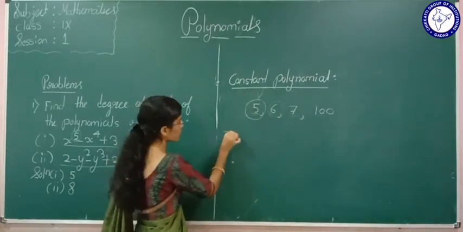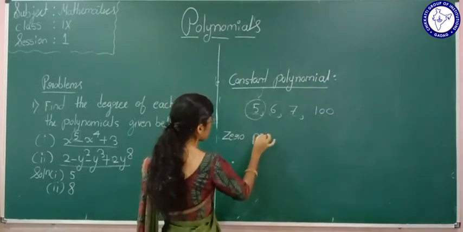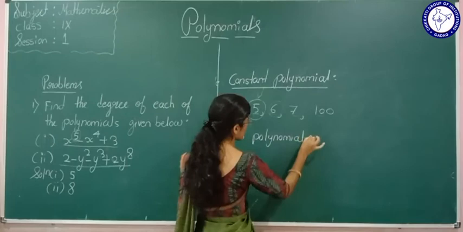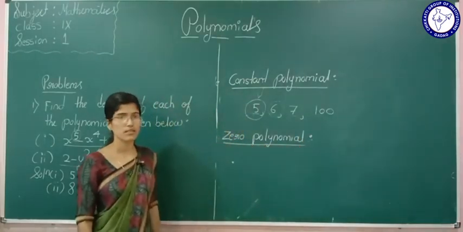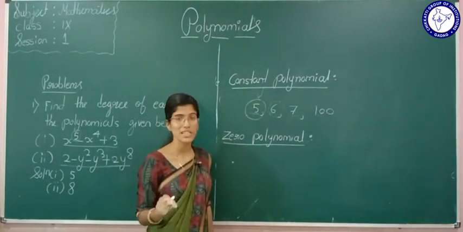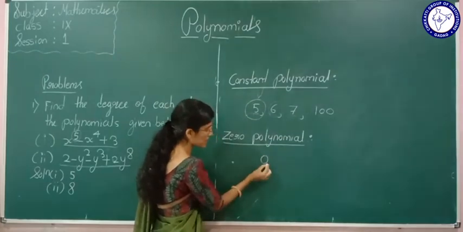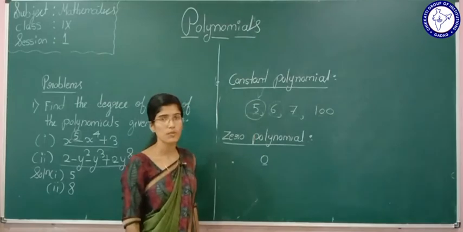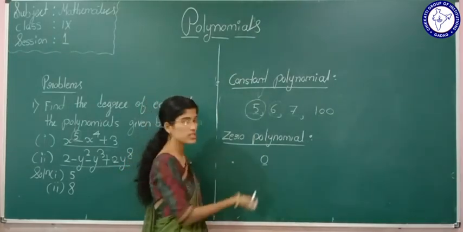One more polynomial is there, that is called the 0 polynomial. The word itself indicates a 0 polynomial. A polynomial containing one term, namely 0, is called a 0 polynomial. Okay, a polynomial containing one term, namely 0, is called a 0 polynomial. You may ask me, then what is the degree of this?